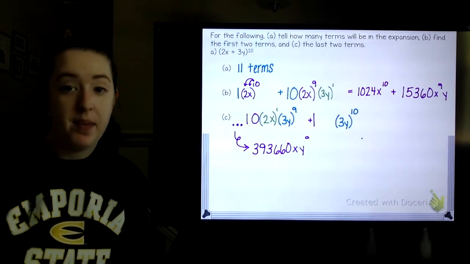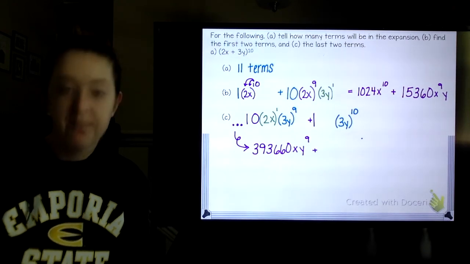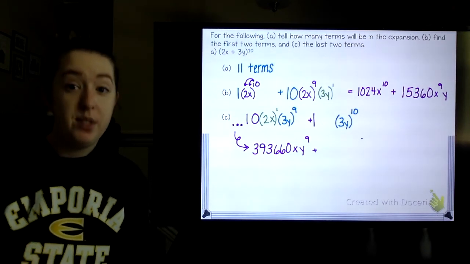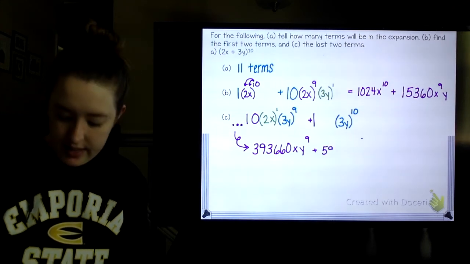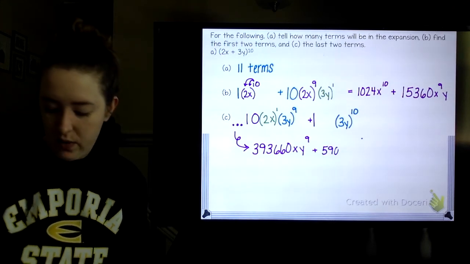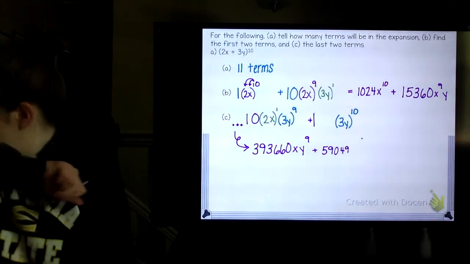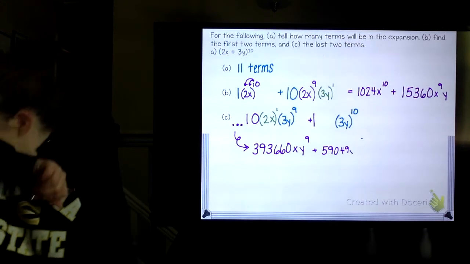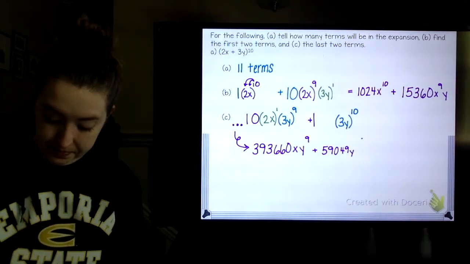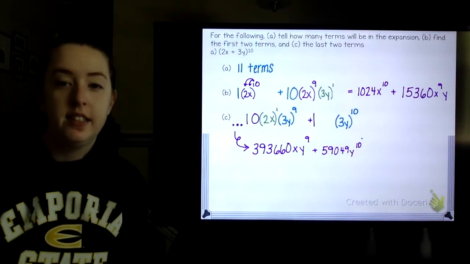Y was to the 9th power. Plus. And then we have 1 times 3 to the 10th. 3 to the 10th is 59,049. And then I have y to the 10th. Good deal.